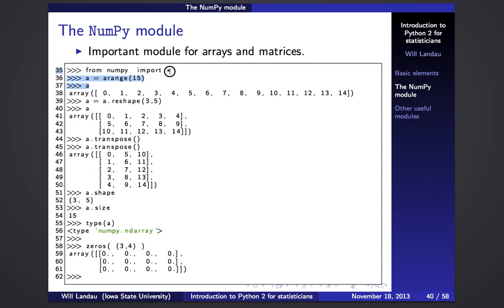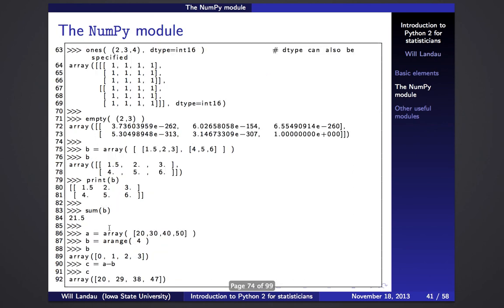If I import the NumPy module, it gives us the arange function, which specifies a range of numbers and makes an array out of them. This is similar to the range function that you've seen. I can reshape it to give it some number of rows and a number of columns. Transposing does what you think it does. I can print the dimensions and the size.